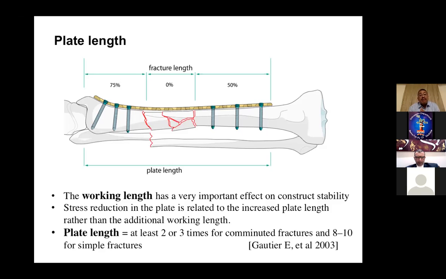The longer the plate, the better the fixation because it reduces the stresses. You have long working length opposite the fracture zone. You don't put screws inside the fracture zone, but you put the nearest screws proximal and distal to the fracture zone in the intact bone. This is regarding the plate length.